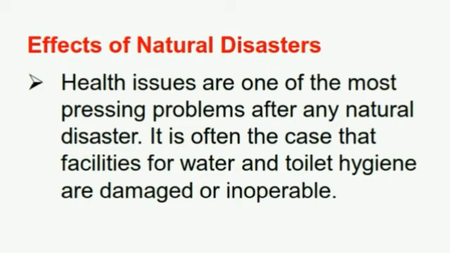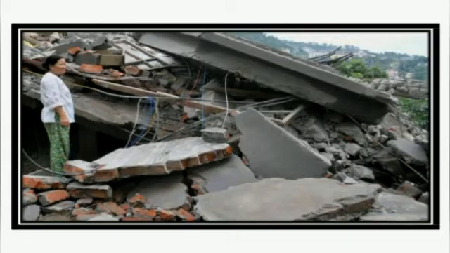Effects of natural disasters. Health issues are one of the most pressing problems after any natural disaster. It is often the case that facilities for water and toilet hygiene are damaged or inoperable. So basically, after the disaster, people have to face a lot of problems. Actually, their houses are completely destroyed, so they are out of their houses.